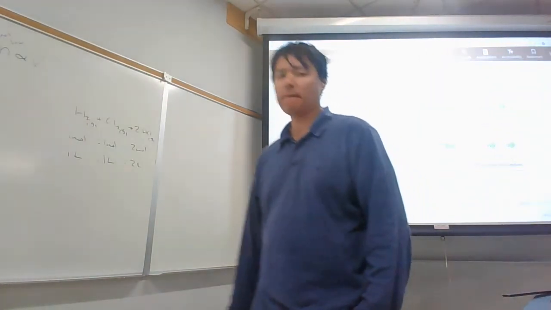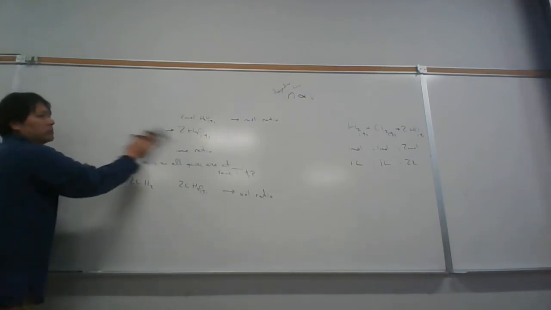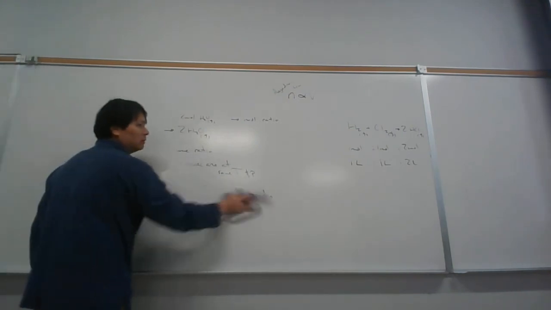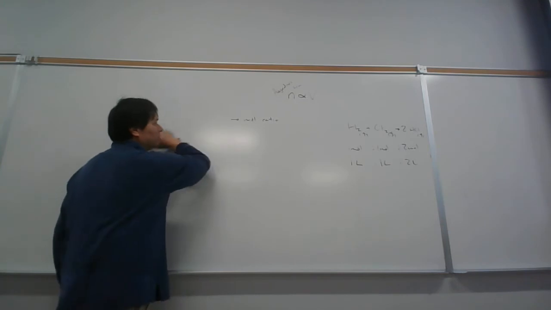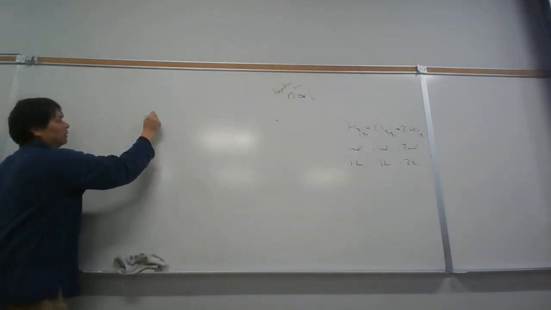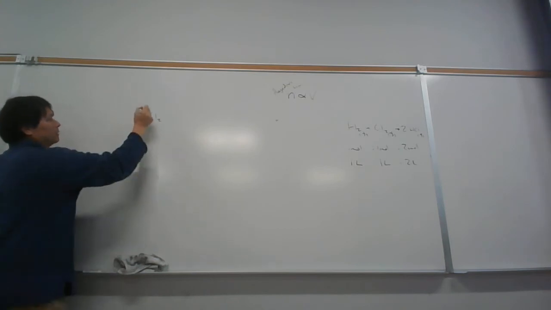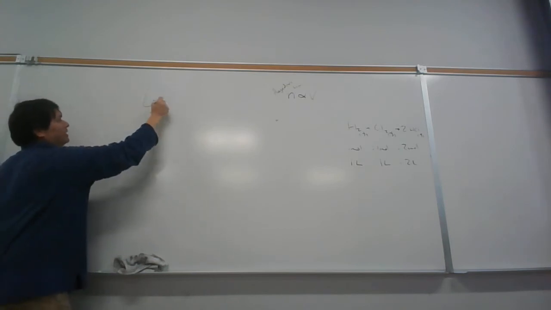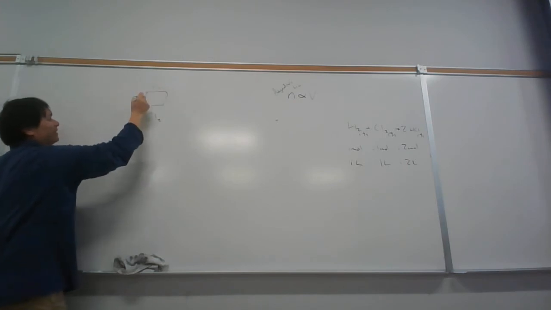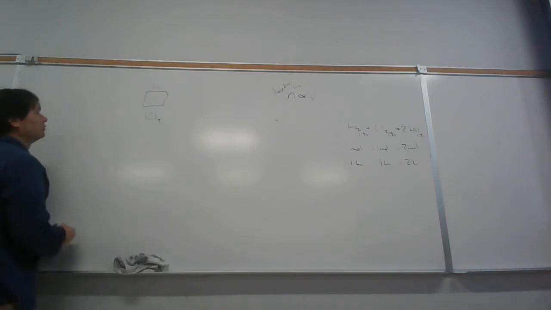And so let's fix that one. We're going to just do it in liters. If I took 1 liter of chlorine, which looks right, so the chlorine is going to be 1 liter. And chlorine is usually written in green.